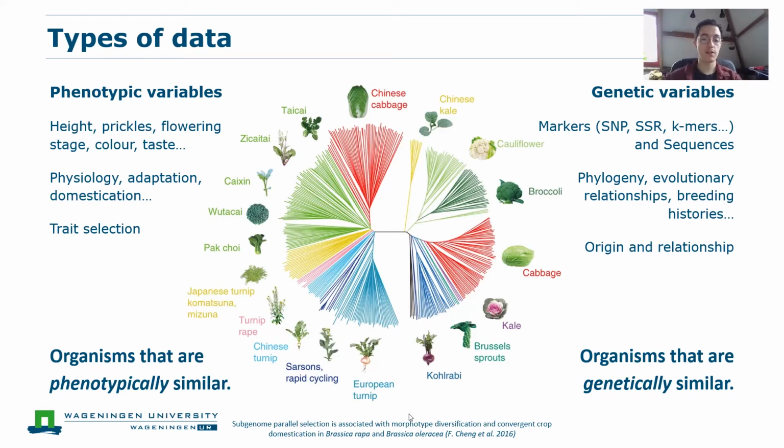A study was done here in Wageningen where they analyzed a lot of varieties of Brassica, and they showed that Chinese cabbages and European cabbages, which phenotypically are very similar, originate from different species. Therefore, if we would cluster all these varieties phenotypically, Chinese cabbages and European cabbages would end up together, but if we cluster them genetically, they end up separate.